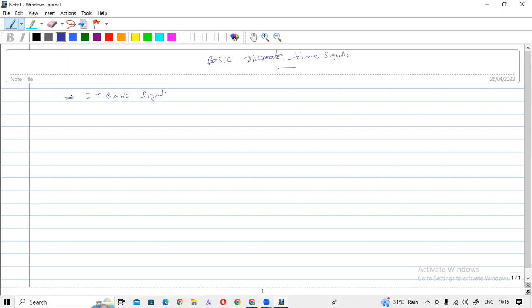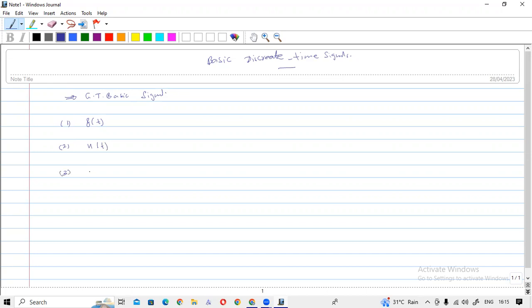Maybe you can remember. The first one we have learned is the unit impulse function, delta t. The second one is the unit step function, u(t).